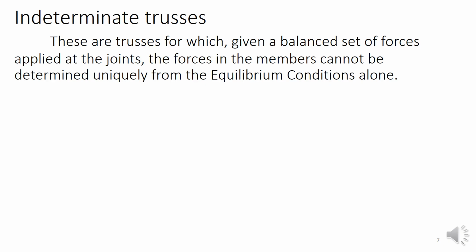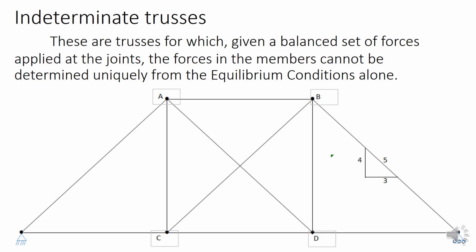Indeterminate trusses. These are trusses for which, given a balanced set of forces applied at the joints, the forces in the members cannot be determined uniquely from the equilibrium conditions alone. And this is an example of an indeterminate truss.